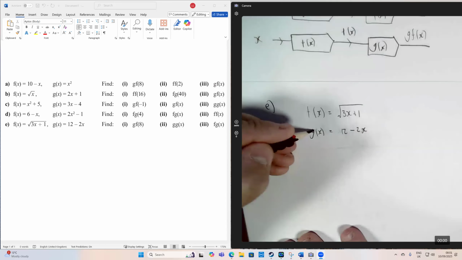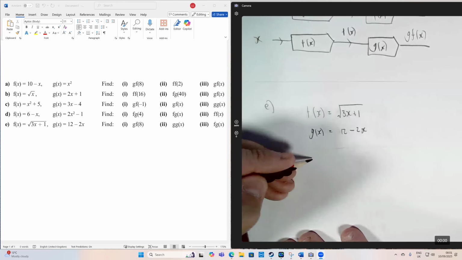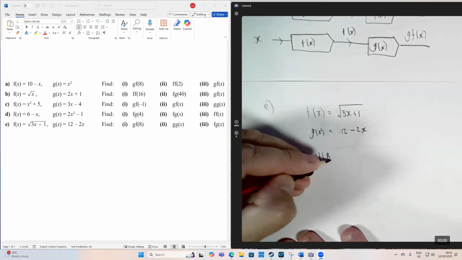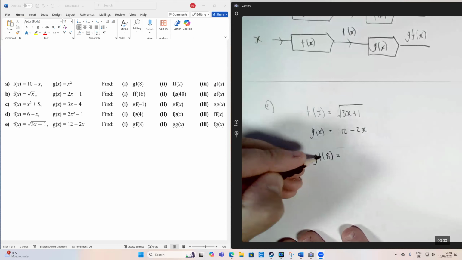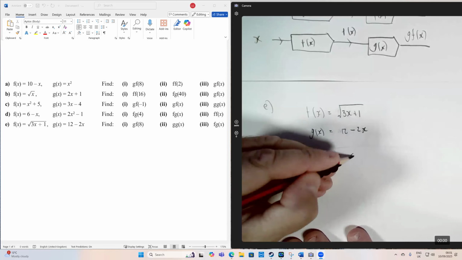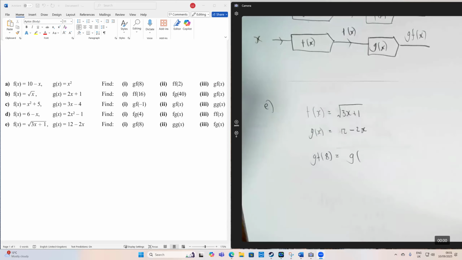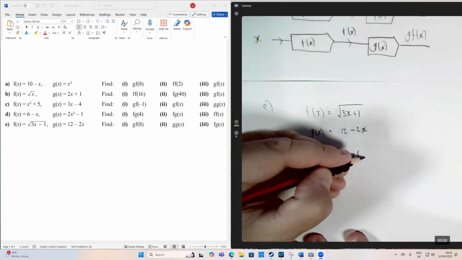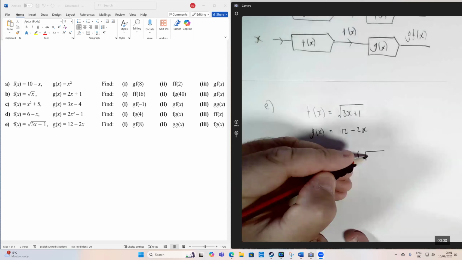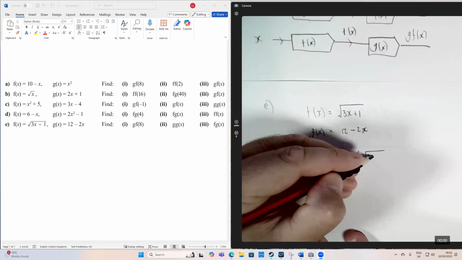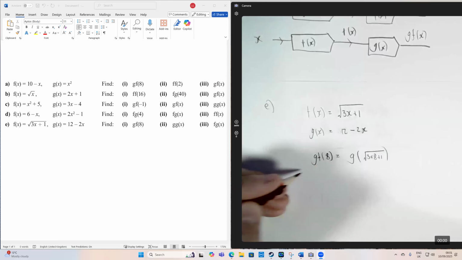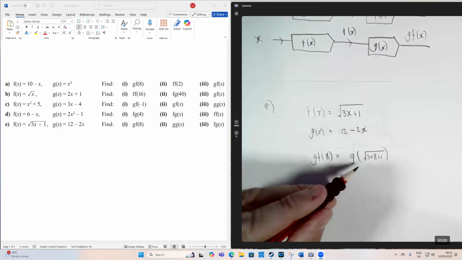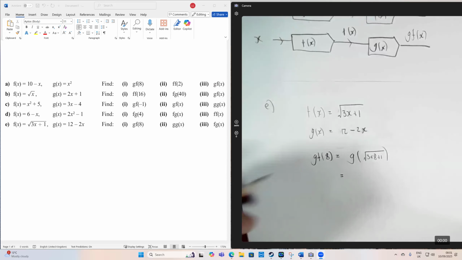So the first thing we've got to work out here now is g of f of 8. So let's have a look at that. G of f of 8. So we've got g and we've got f of 8, which is going to be the square root of 3 times 8 add 1. So you can see that the f of x has gone into the g of x.